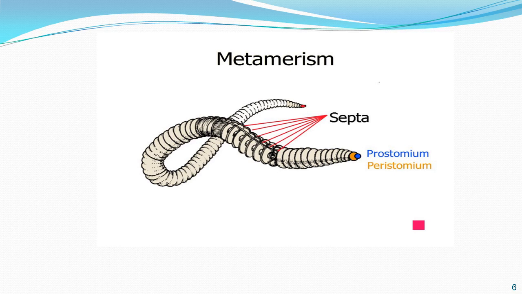There is a cross wall between each segment, which is marked as septa. So this repeated division occurs throughout the body, and it continues inside the body through the cross walls known as septa. This type of division is known as metamerism. Clear? This is one of the major characters of phylum Annelida.